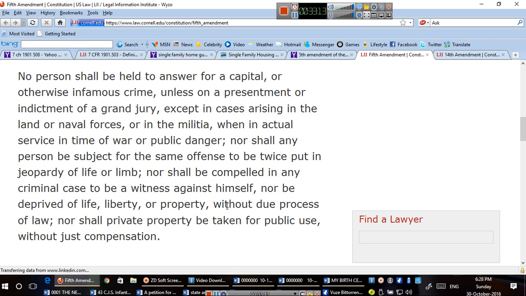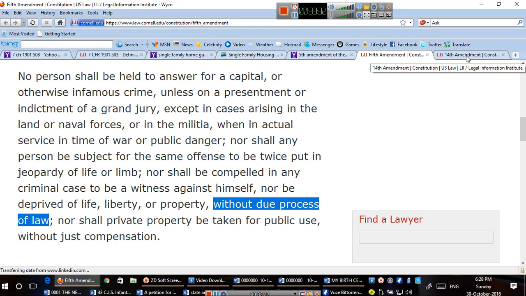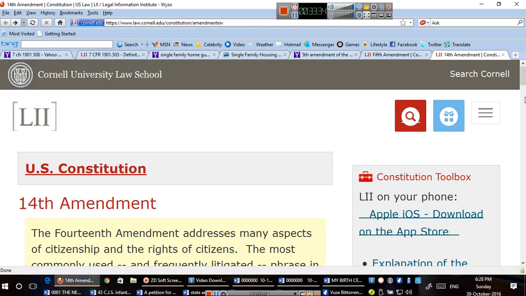Anyway, without due process of law. Now please, pay attention. Nothing in this talks about privileges. If you have due process rights here, I really need y'all to pay attention because I want y'all to get this.